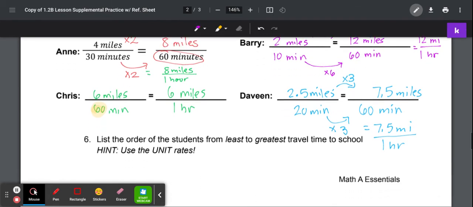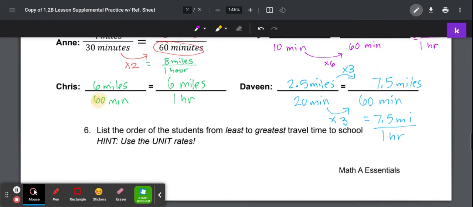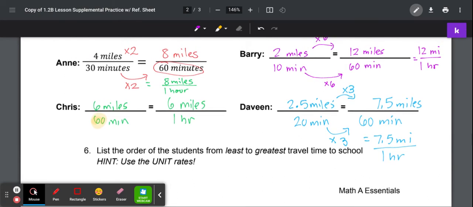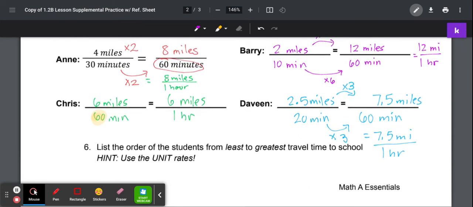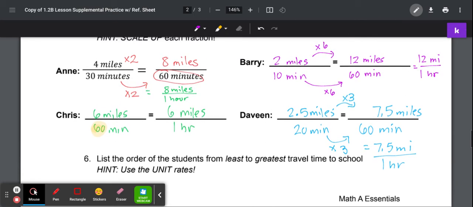Okay, so for number 6, it says to list the order of the students from least to greatest travel time to school. So we want to use the unit rate to compare.